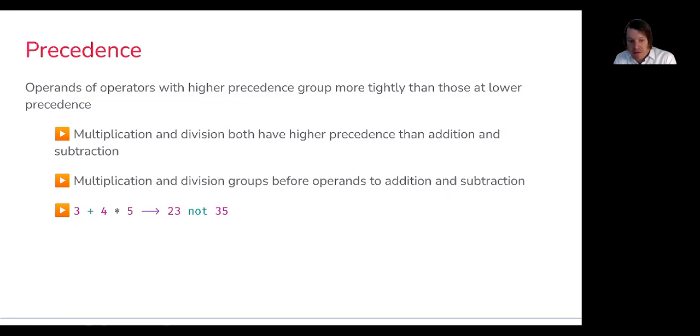If you just look at the next example, it's very intuitive. 3 plus 4 multiplied by 5 is going to evaluate to 23 because the multiplication in that expression will be carried out first to evaluate to 20, and then 3 will be added to that result, not 35, which we would have arrived at if we added 3 to 4 first and then multiplied that result by 5.